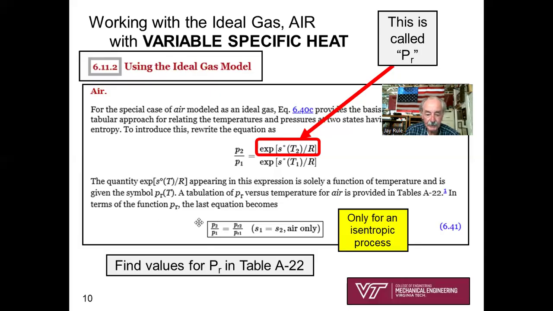Extraordinarily powerful, because typically in engineering problems you're going to have both P2 and P1. So if you have T1, which is typically given, you can look up a value for PR1, solve for PR2, and that's what will enable you to back calculate T2.